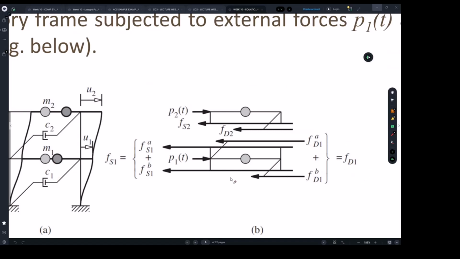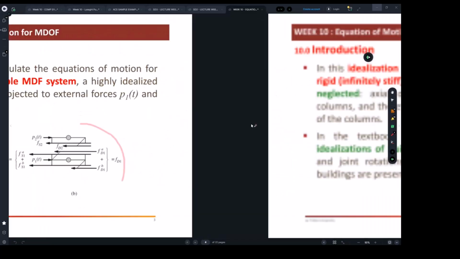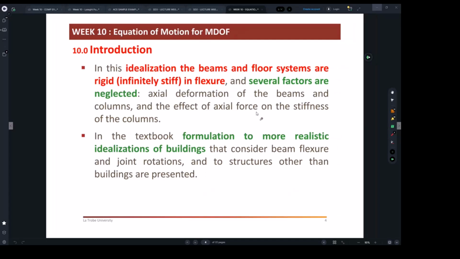So this is again the free body diagram we can consider for each floor. Now, before we go further with the modeling and finding the equation, you need to understand that there are several assumptions typically made with the theory. Axial deformation is not excessive, or is ignored.